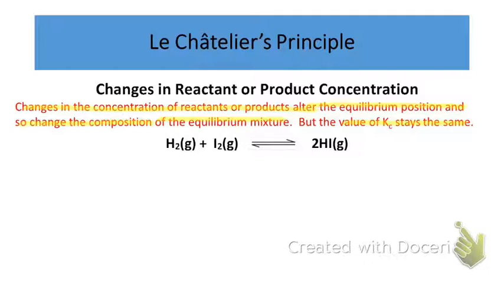And we talked about this in lesson number 2, that the only thing that can change the value of Kc is a temperature change. So concentration has no effect on it. All right? So let's apply Le Chatelier's principle to an equilibrium system. Let's look at this. In our notes, we have this equation.